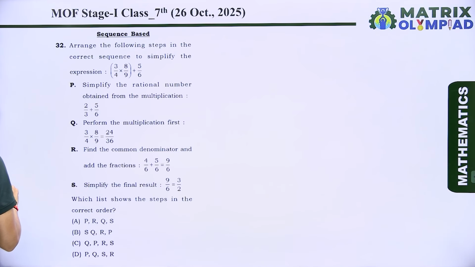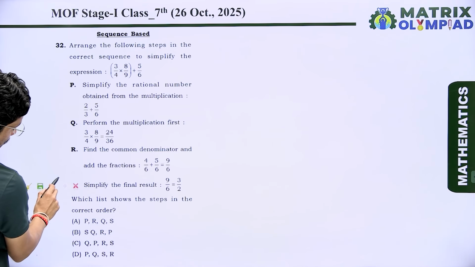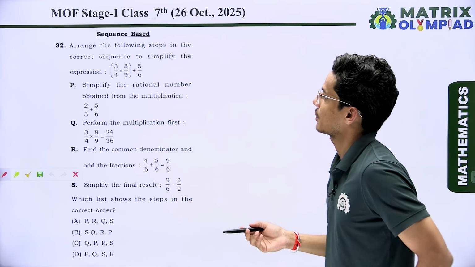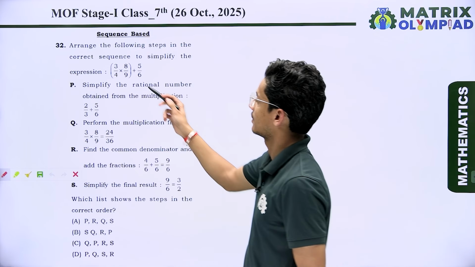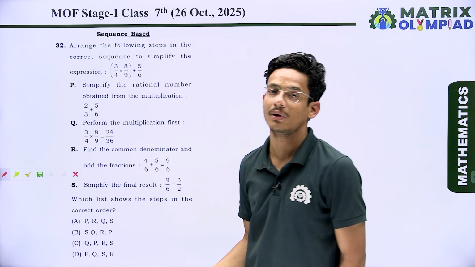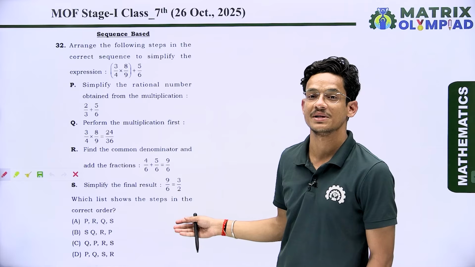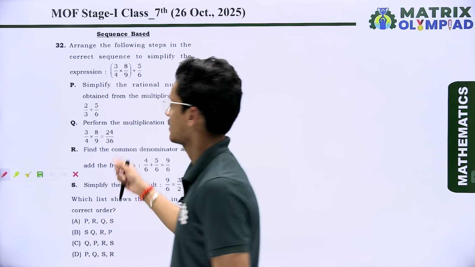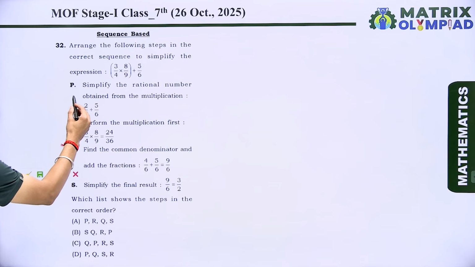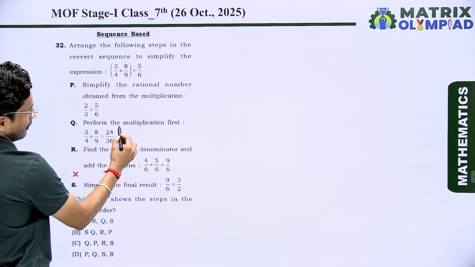Now the next question is based on sequence: arrange the following steps in the correct sequence to simplify the expression 3/4 multiplied by 8/9, bracket close, plus 5/6. Here we have some steps. First we have to solve the bracket, so first perform the multiplication.